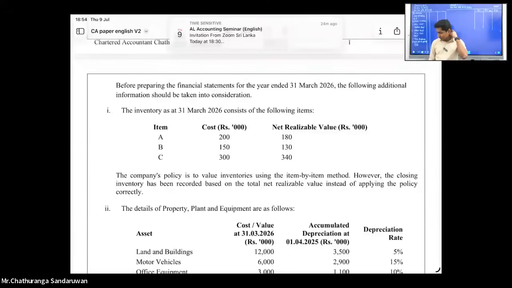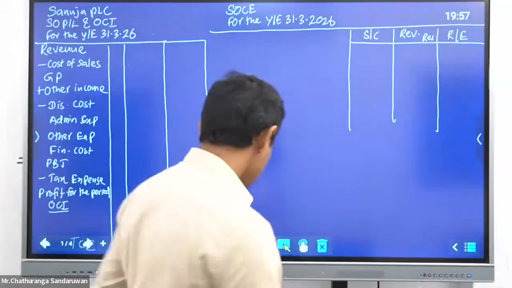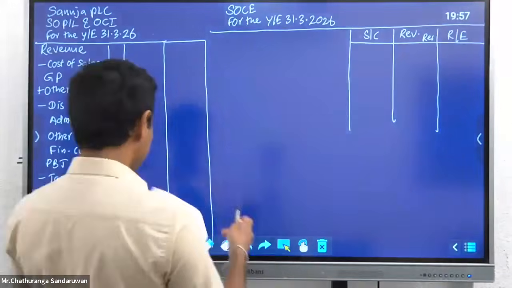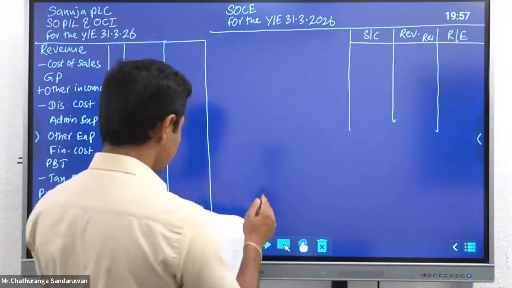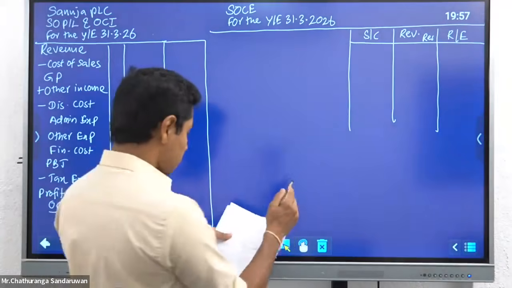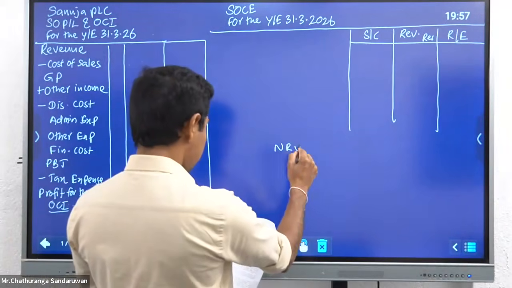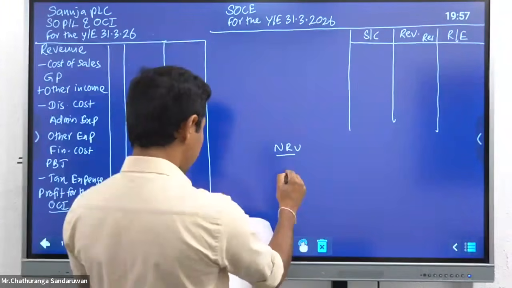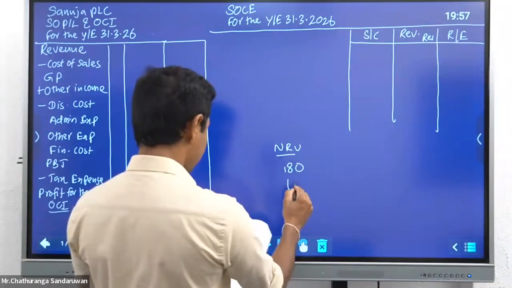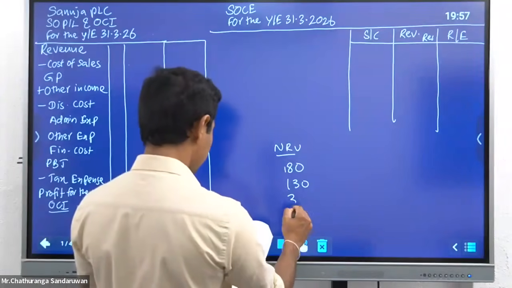The total net realizable value was used instead of applying the policy, so we have to correct it. What we can do is verify what they have done. If you take the total of the NRV, let me write it here. Total of the NRV: A item 180, B item 130, C item 340.